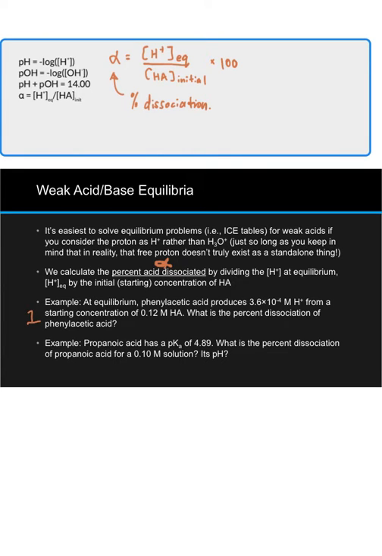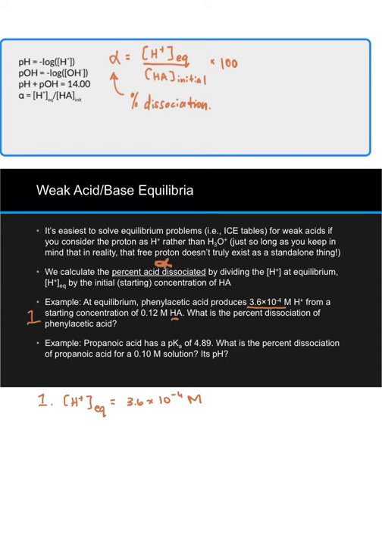In example number 1, we're going to think about an equilibrium amount of H plus produced from phenylacetic acid with a concentration of 3.6 times 10 to the minus 4 molar H plus at equilibrium. So our H plus concentration is given, as is our initial concentration of intact weak acid.